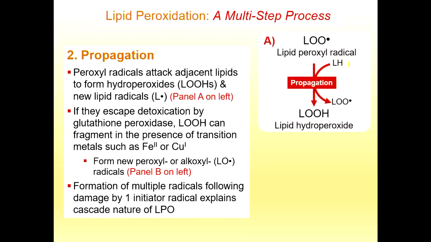So here we see a peroxyl radical doing this sort of attack on an adjacent lipid. Here we've got an unoxidised normal lipid, LH, undergoing hydrogen abstraction by a peroxyl radical, and it's generating what we call a lipid hydroperoxide, LOOH.